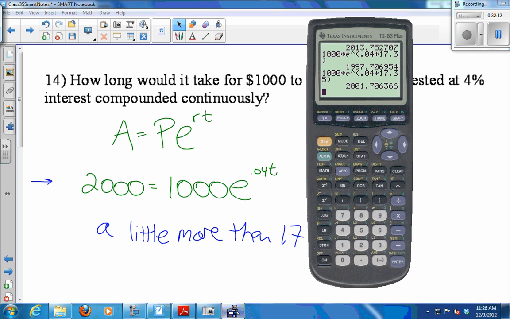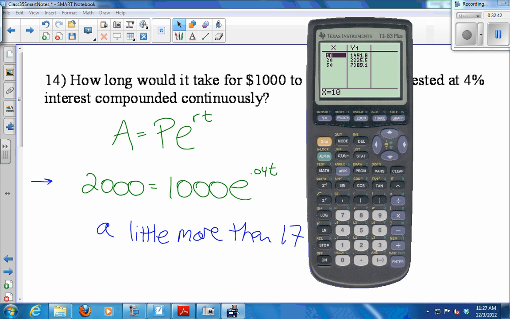So another thing we could do is do this trial and error by using the table function in our calculator rather than typing it in over and over. So if you go to y equals and we put 1,000 e to the 0.04 x, then what I did in the home screen is I just plugged in different values for x. I can have the calculator do that in my table.